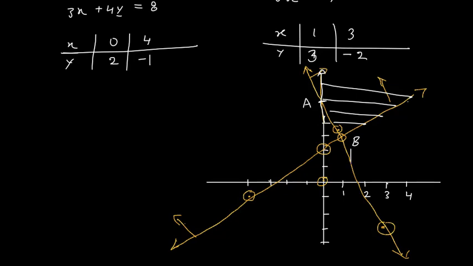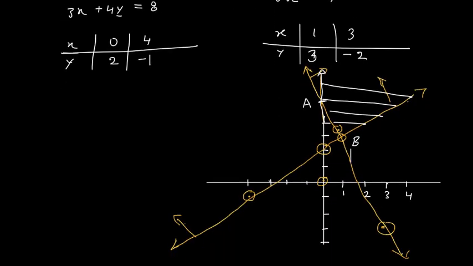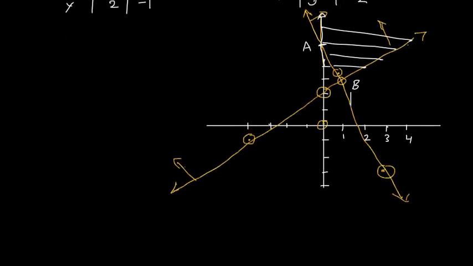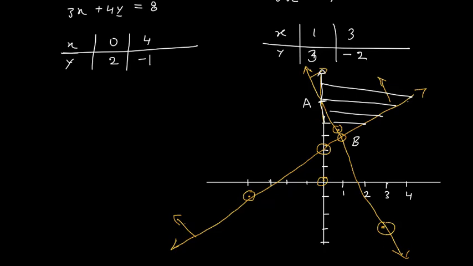Now we will find the value of Z at these 2 points. These are considered as corner points. This is an unbounded region. So here I have the corner points and the value of z.